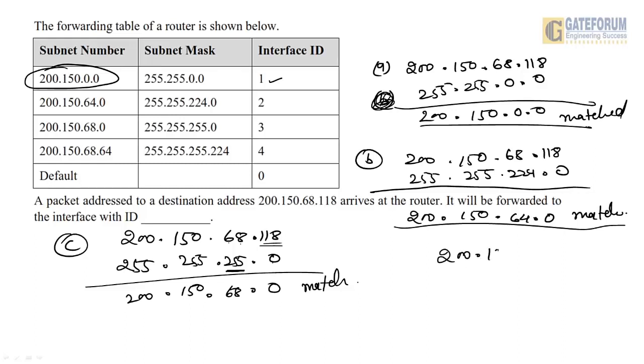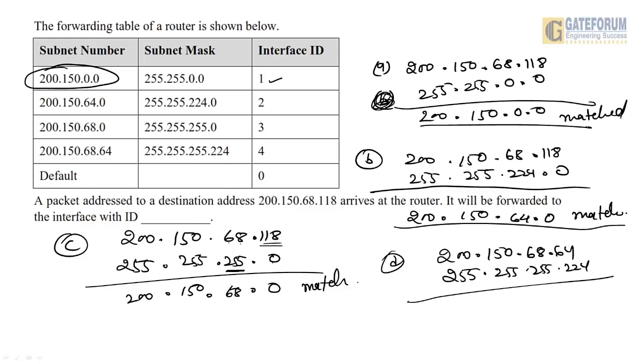So 200.150.68.64, okay, and the mask 255.255.255.224. We need to do the AND operation with this.